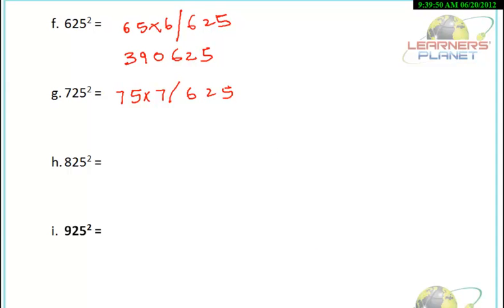What will be the answer? 75 into 7 is 525 and then 625. So what is the square of 725? That is 525625. Similarly, 825 square, write 625 as it is, then 85 into 8. What will 85 into 8 be?